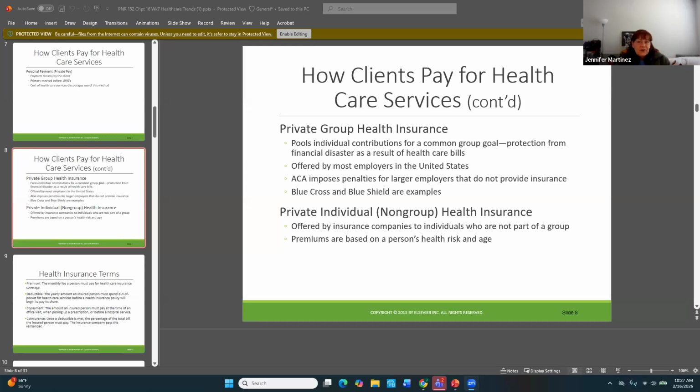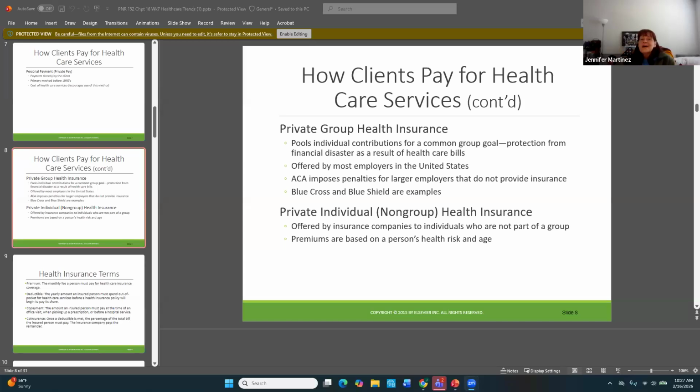So when you get your first nursing job, there is usually going to be some sort of health insurance plan offered by your place of employment. The Affordable Care Act does impose penalties for larger employers that don't provide insurance, so most places are going to provide insurance.